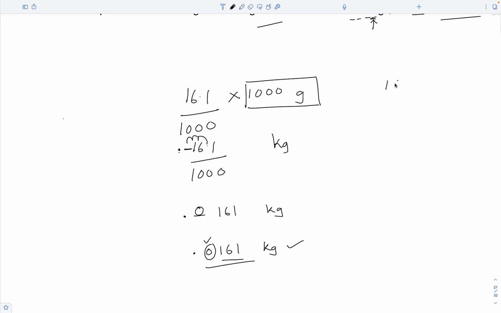Now let us consider that original measurement of 16.1 grams again. We can write it as 16.1 multiplied by 1 gram. These two are one and the same. And you know, in 1 gram there are 1000 milligrams. So I can replace 1 gram with 1000 milligrams. So it becomes 16.1 multiplied by 1000 milligrams. Now let us absorb this 1000 into the value of the measurement.